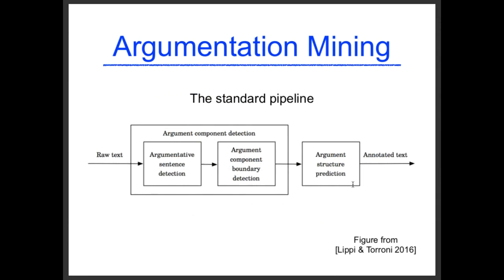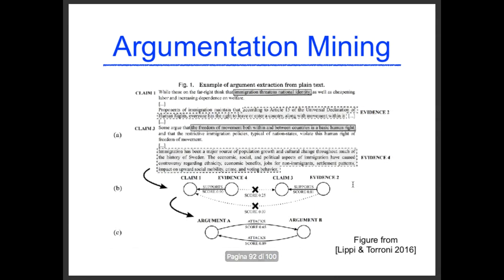You are given text, you first detect which are the interesting sentences, and you then detect, you cut basically the boundaries of the claims or the premises that you want to highlight, and this is called detecting the components. So basically the nodes of the graph. And then you want to predict also the links. So it's really everything of what we talk about is there. Node classification, link prediction, everything. You want to predict whether something is a claim or not, whether there are attacks there, or okay.